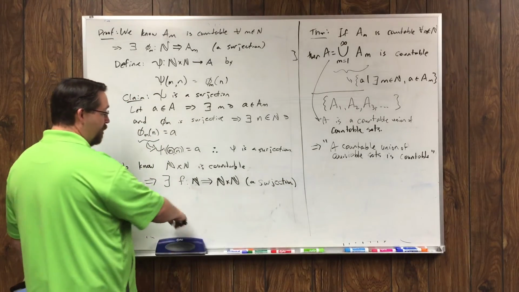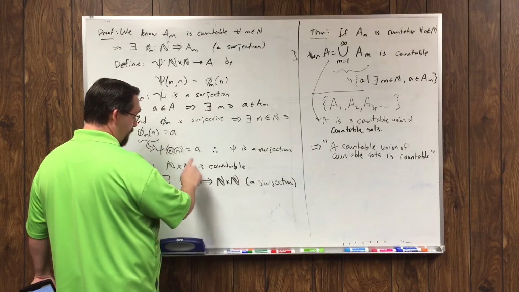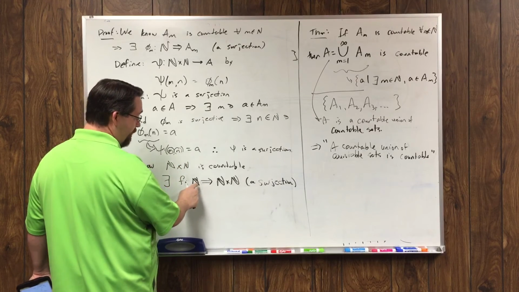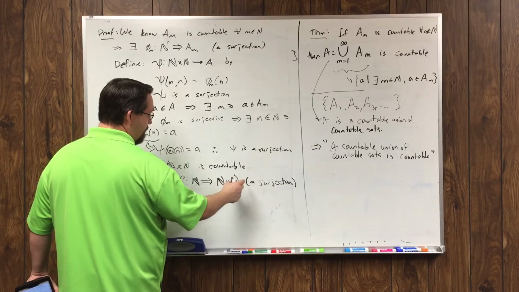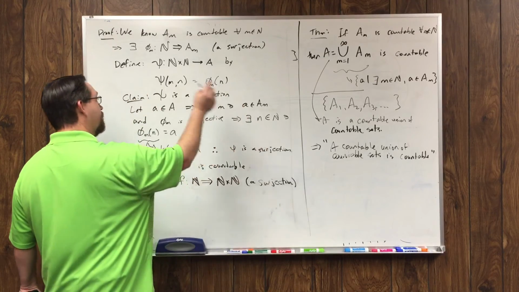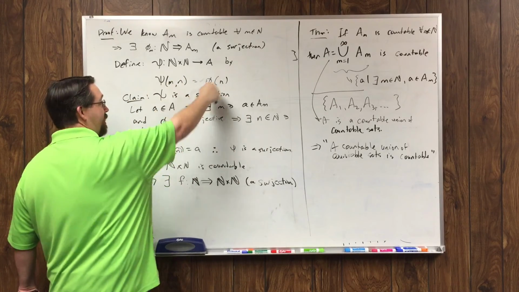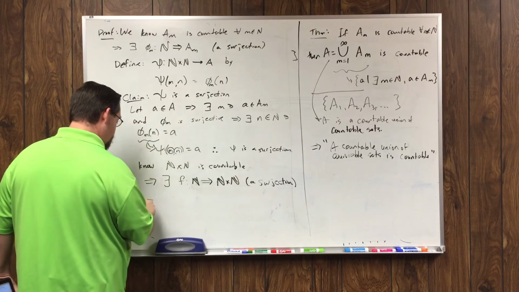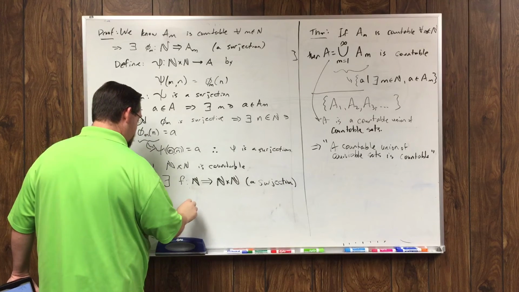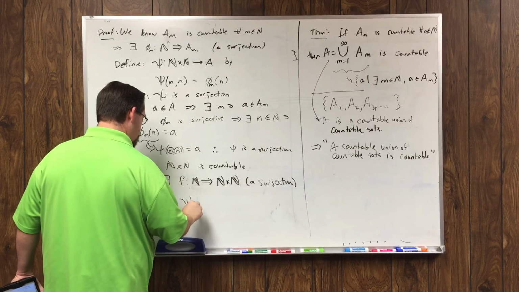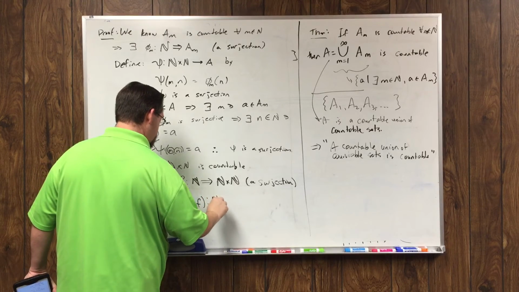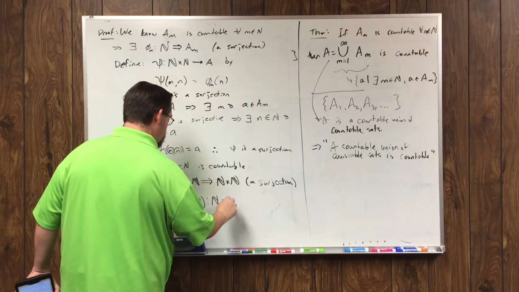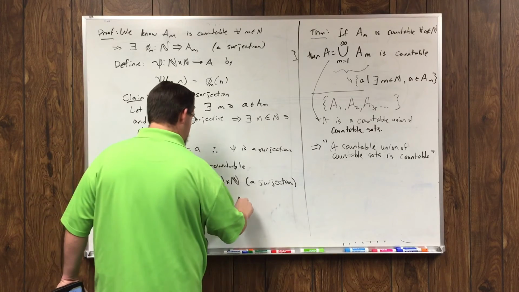Okay, so what I'm going to do is take an element out of here, plug it into f, which gives me an element of this set, take that, plug it into c, which gives me an element out of A. That implies that the function c composed with f maps the natural numbers onto A.